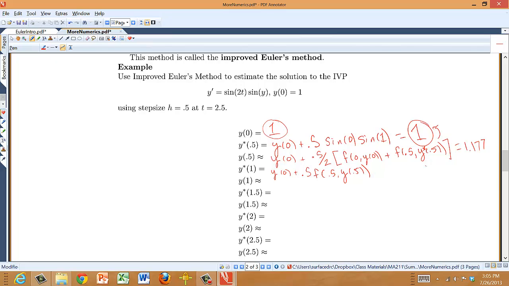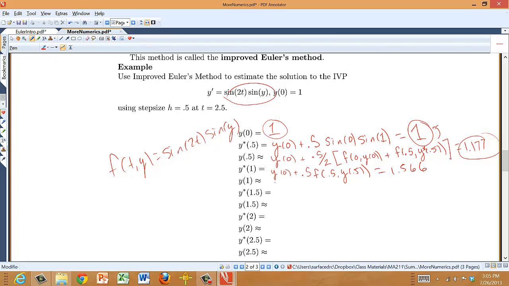So that's no problem. My y at 0.5 is sitting right here. I can plug that all in. Oh yeah, my f is right here. It's sine of 2t, sine of y. It's just the right hand side of the ODE. And if you do that, you get 1.566. So that's my initial estimate of y at time point 1.